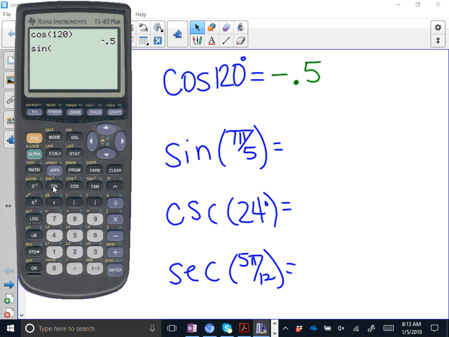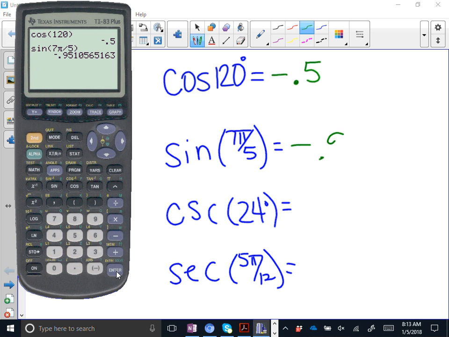Then we can type in sine of 7 pi over 5. Is everyone okay with that mode button, changing it back and forth?